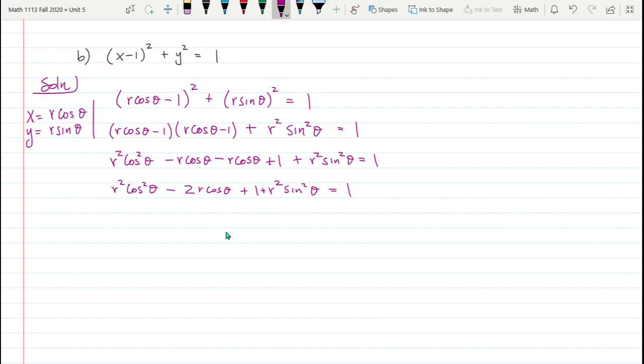So a couple things that we can do is notice this 1 here. I'm going to subtract that 1 to the other side to make things less crowded. So I have r squared cosine squared of theta plus, I'm going to move the r squared sine squared theta closer to the other.